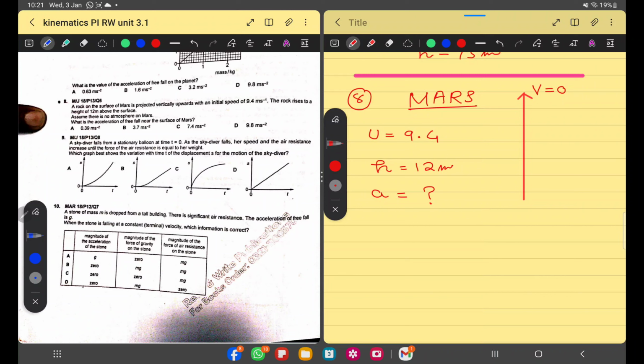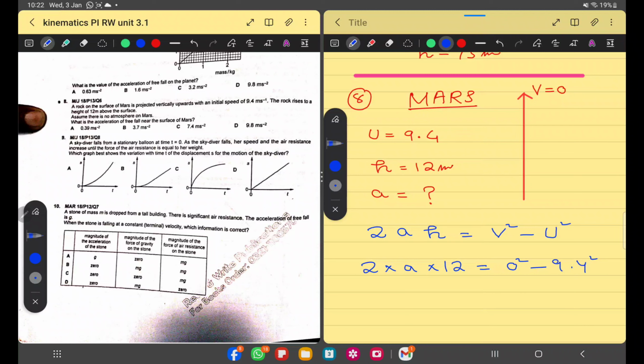But can you tell me, in this question no time is given? Then which equation should we use? Yes, it is the third equation of motion, 2as equals v square minus u square. We have to calculate acceleration. Height is given, 12 meter. Final velocity is 0. Initial velocity is 9.4.